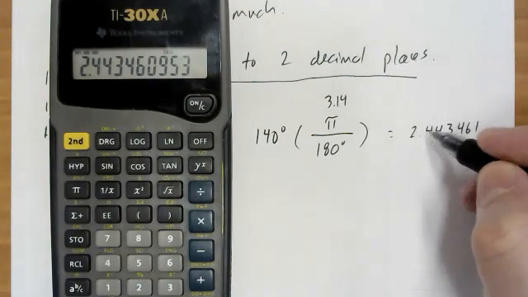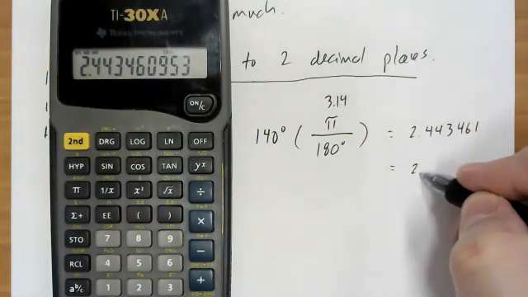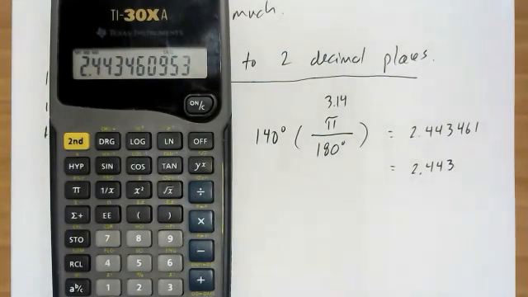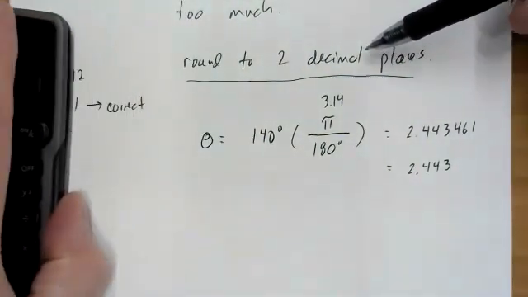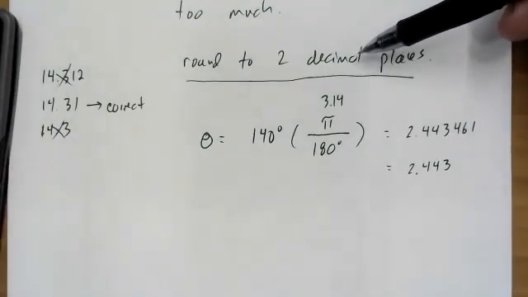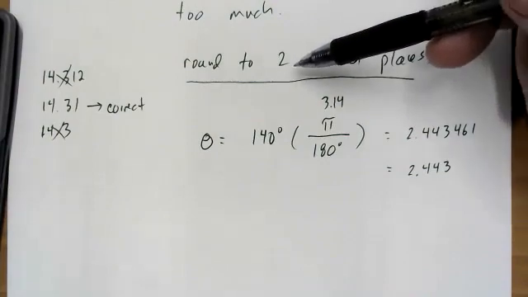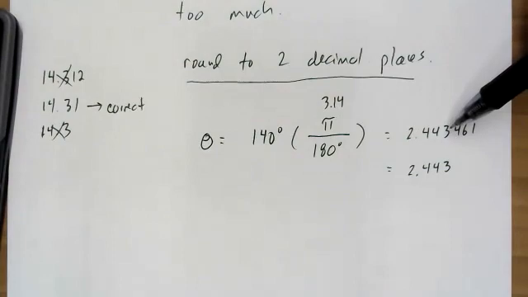When the student took this number to continue working, she rounded it to 2.443, which seems fine. That's like 3 digits. Just so you know, in this problem, they were actually asking that the answer be rounded to 2 decimal places. The student actually kept 3 decimal places.